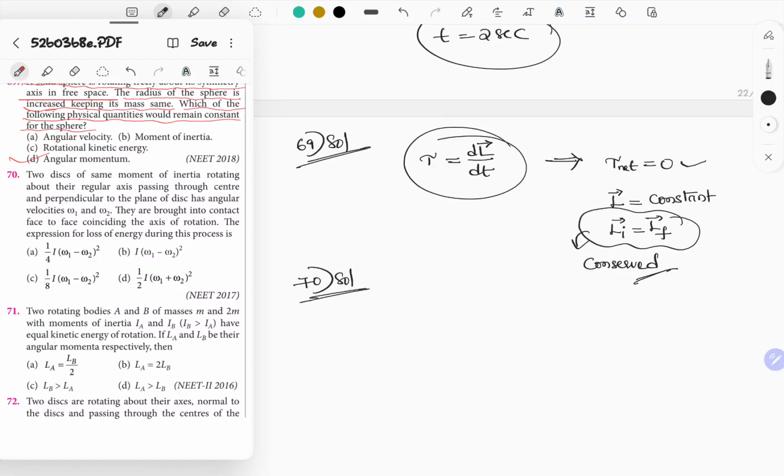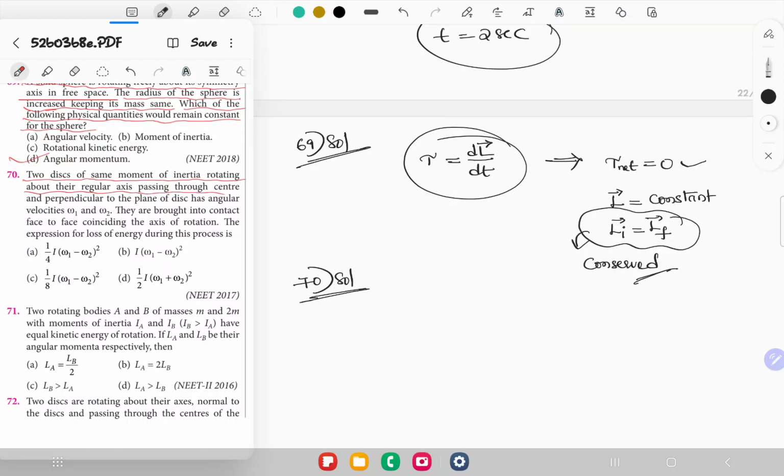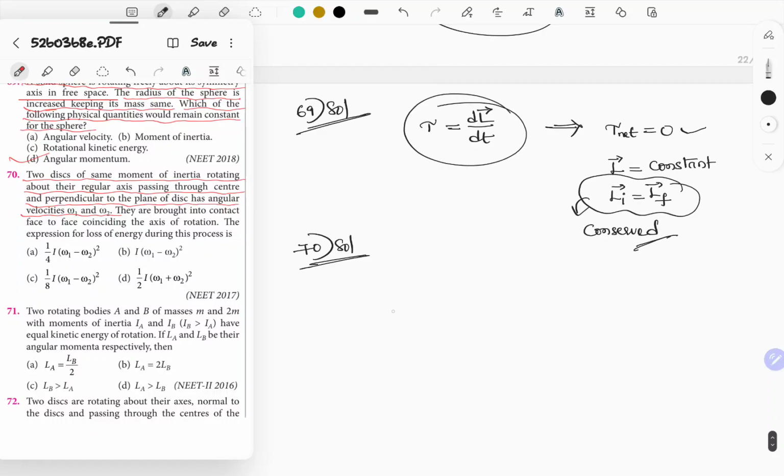Question number 70. Two disks of the same moment of inertia, rotating about their regular axis, passing through the center and perpendicular to the plane of the disk, have angular velocities omega 1 and omega 2. Let me represent the diagram.